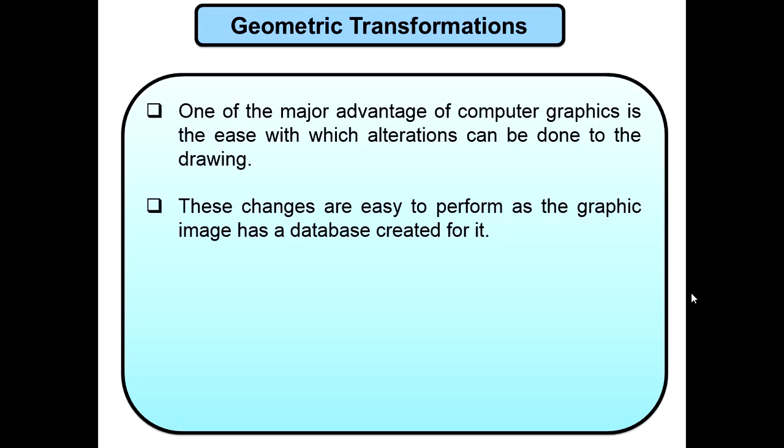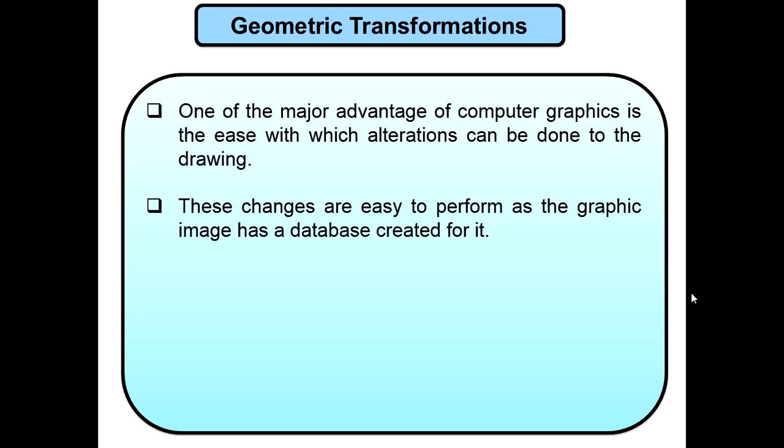Why can we change these dimensions or the shape? Because this graphic image has a database. This database is created for it, and whatever changes we make in the database will be reflected in the drawing on the screen. Whatever changes you make on the screen, you see in a fraction of a second. But how are you getting these changes?